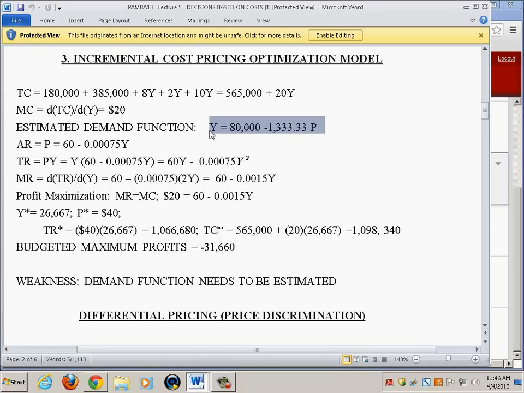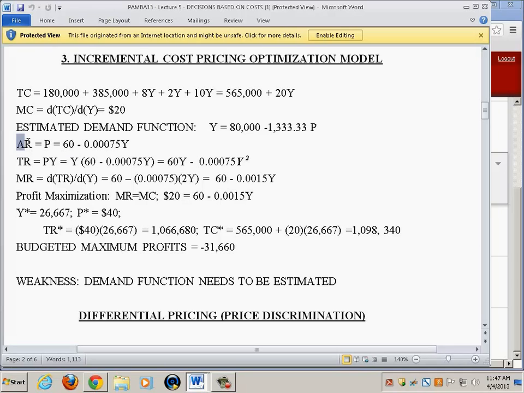Rather than having the demand function as Y as a function of P, we rearrange the terms to have P as a function of Y. You can check that you'd get P equals 60 minus 0.00075Y.